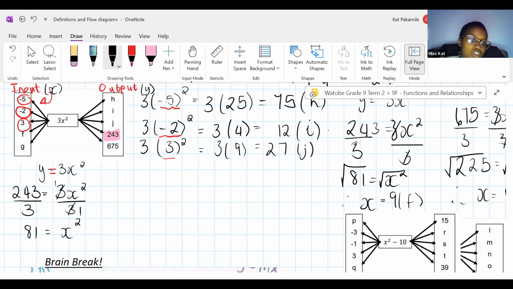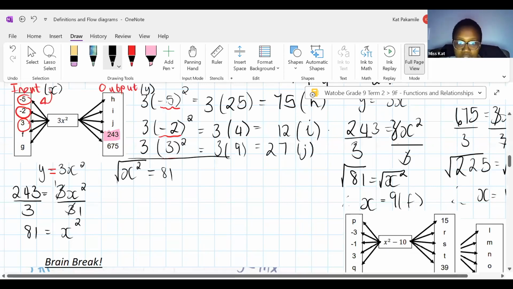So far, do you understand? Yes, ma'am. Great. So now we're still working with inverse operations. What is the inverse of square? Ma'am, the square root. Square root. So we're going to square root on this side to get rid of our square.